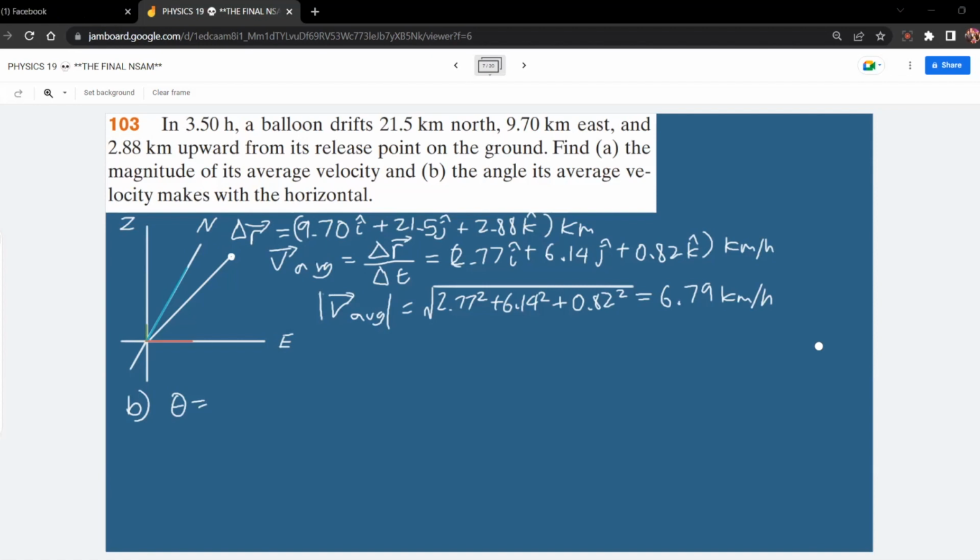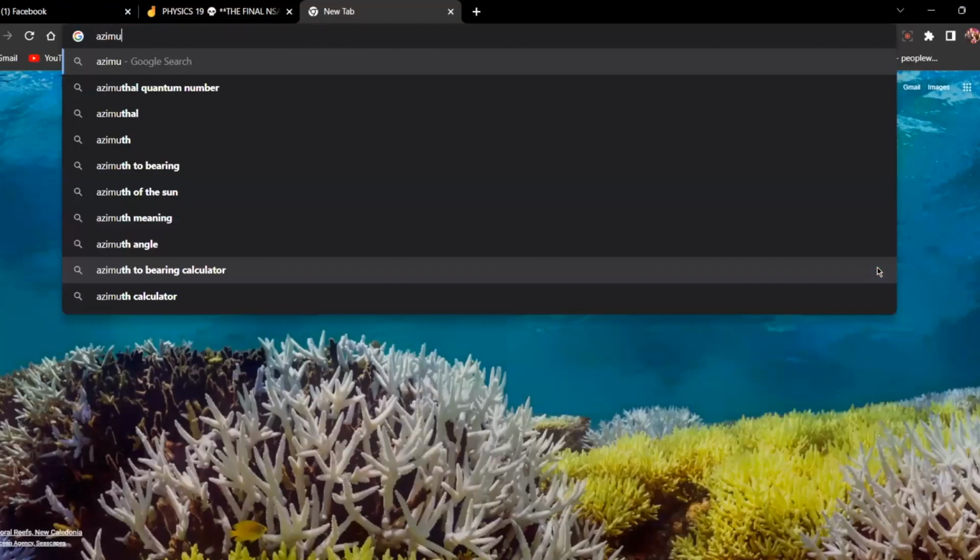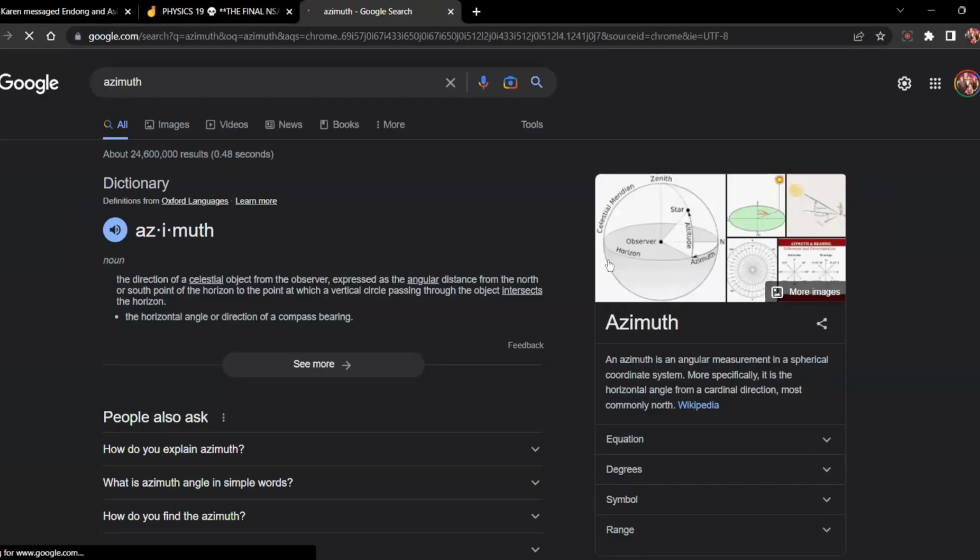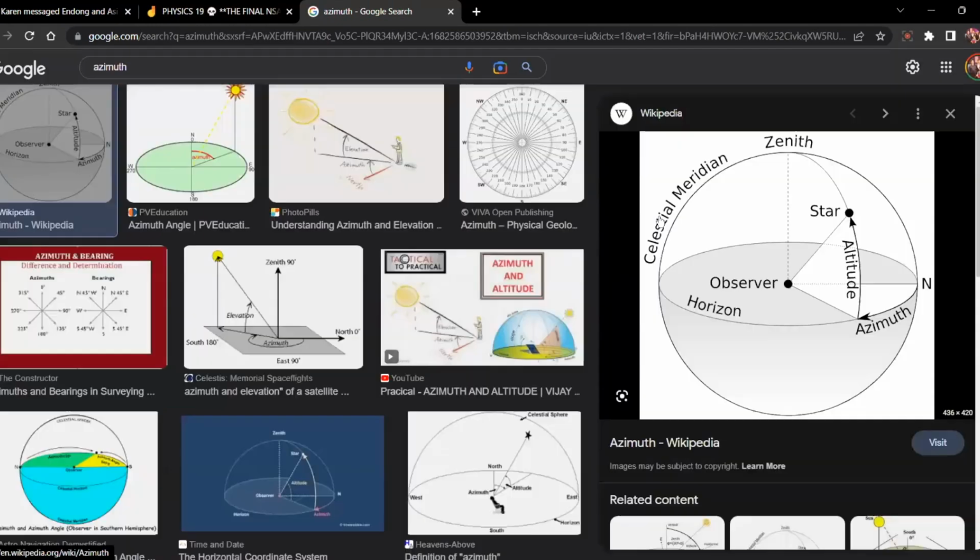Sa surveying. So isipin mo, humarap ka sa same direction in X and Y, and then yung angle, yung measure mo as you look up. Yung sa astronomy po, yung par zenith. Hindi ko alam yung terminology, pero that's how you measure it. Altitude. Okay, so altitude. Yung altitude nung vector na yan, that's what we're looking for.